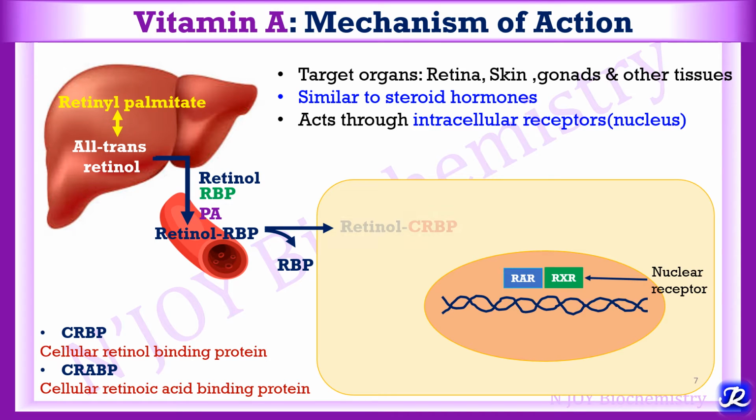And in the cell cytosol, this retinol combines with cellular retinol binding protein and forms a complex, retinol CRBP, that is cellular retinol binding protein. Then this retinol is oxidized to retinal and further to retinoic acid, which combines with the cellular retinoic acid binding protein, CRABP.